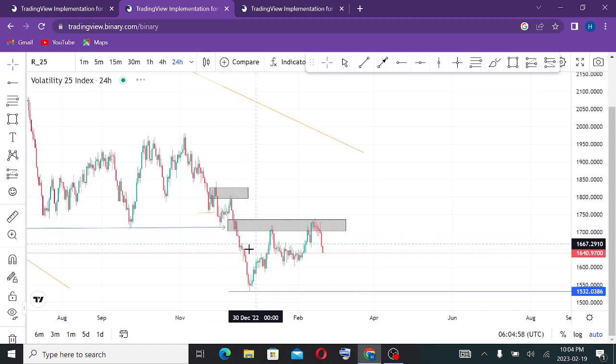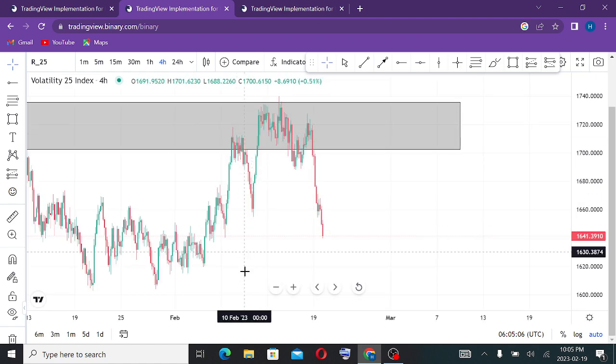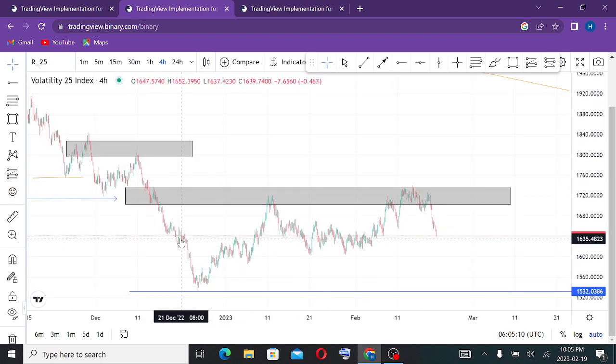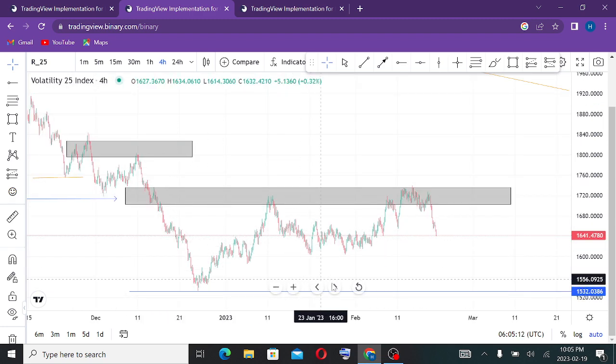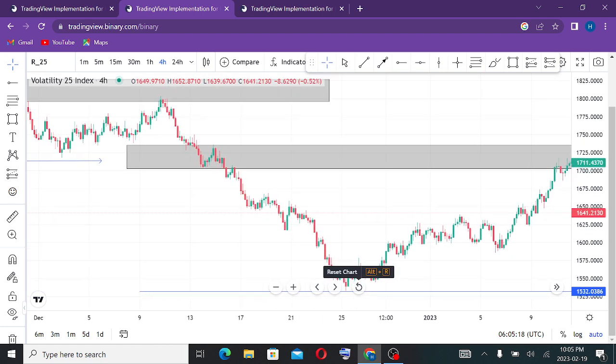Now, having got this, what do we do? We come to the lower time frame. When we get to the lower time frame, we do some markups. We could come into the zone and try to create something inside to pick out a base inside this area, a push within the push up.